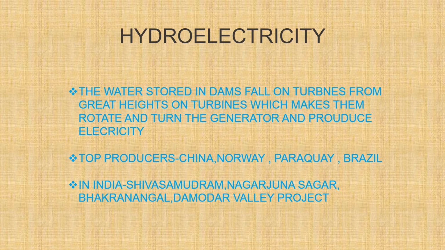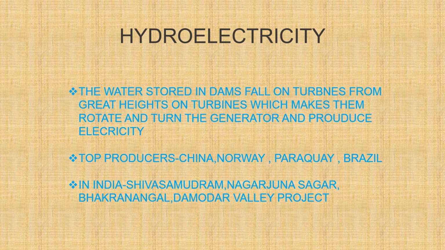The power generated from water is known as hydroelectricity. The water stored in dams falls on turbines from great height, which makes them rotate and turn the generator and produce electricity. China, Norway, Paraguay, and Brazil are major producers.